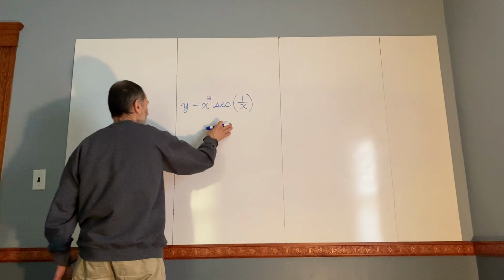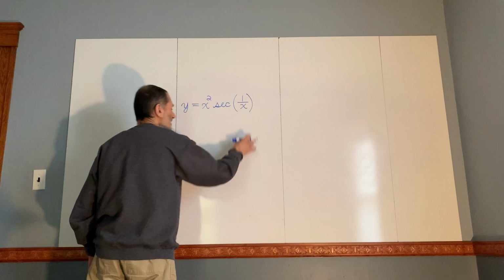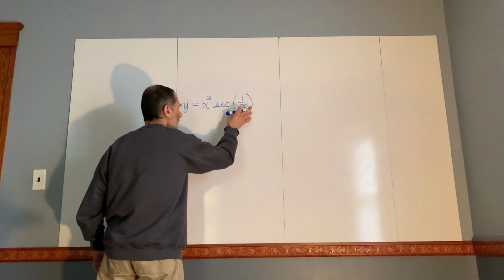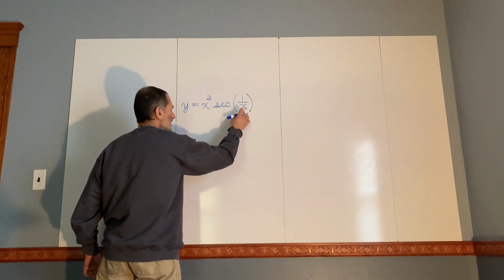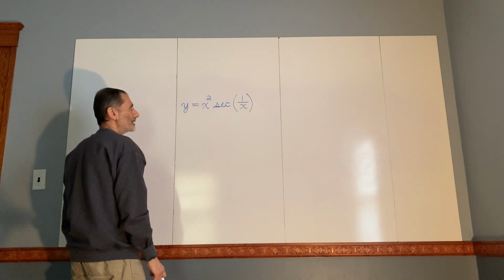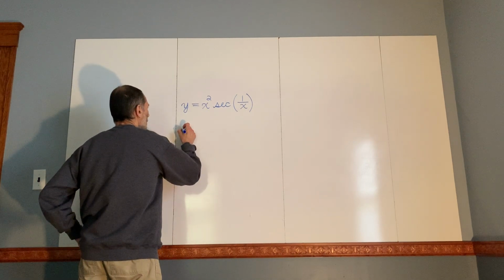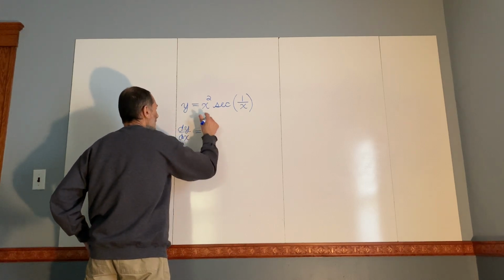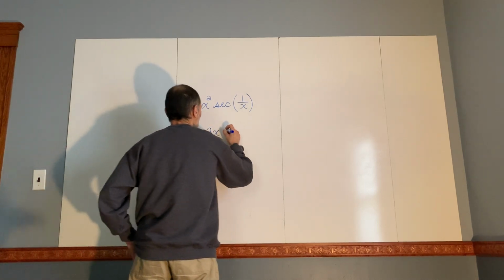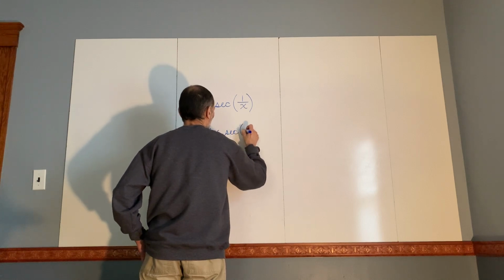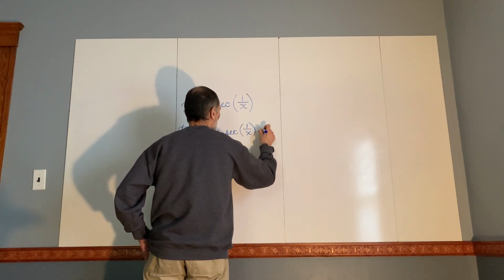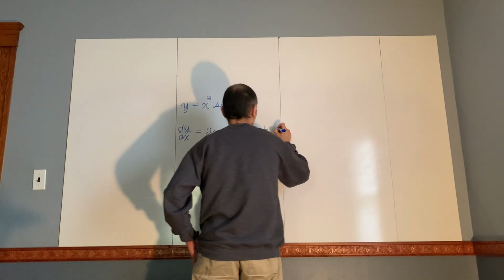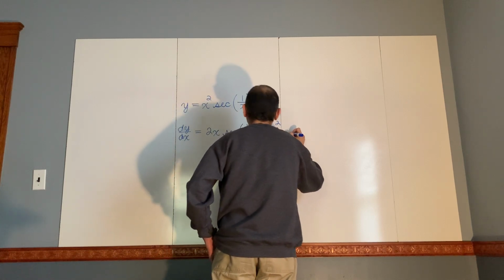We have a product rule, x squared times the secant, but within that product rule, we have this chain rule, the secant of 1 over x. So we proceed as we always do. dy dx, the derivative of the first times the second, plus, we'll write the first, times the derivative of the second.